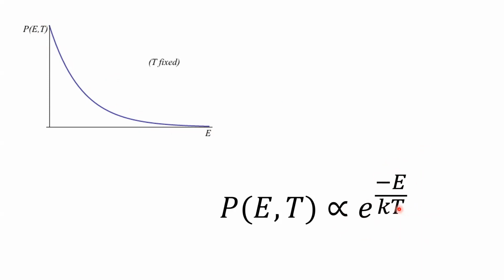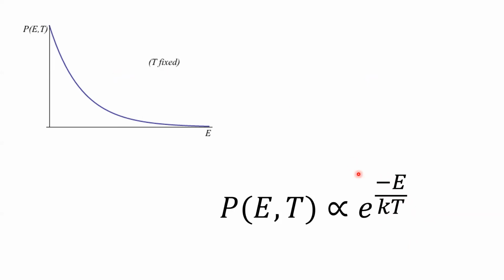And since T is in the denominator here, the greater the temperature, have I done this right? Let me think about this. Yes, I have. The greater the temperature, since it's in the denominator, the smaller the overall coefficient in front of E. And we know that if you have a small coefficient in front of your exponential variable, it will drop off less steeply.